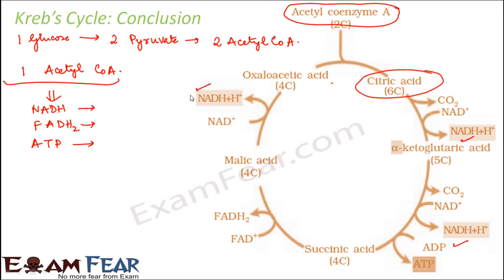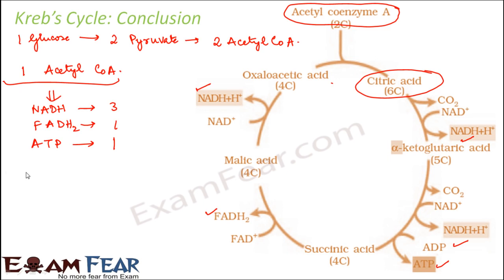So there are 3 places where NADH is formed. So 3 molecules of NADH are formed. If you talk about FADH2, it is formed only once. So only 1 molecule of FADH2 was formed. If you talk about ATP, it is also formed only once. This ATP is the step which is referred to as GTP, because 1 molecule of GTP will form 1 molecule of ATP. So 1 ATP is formed. So this is with 1 acetyl coenzyme A.